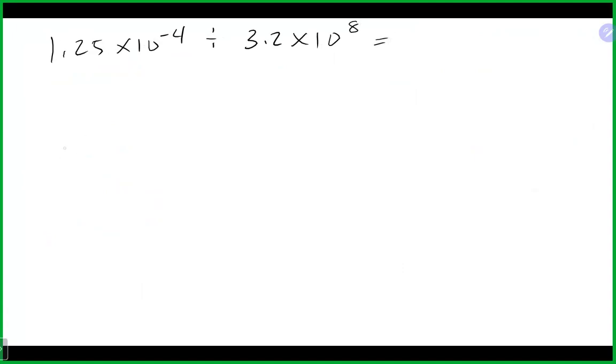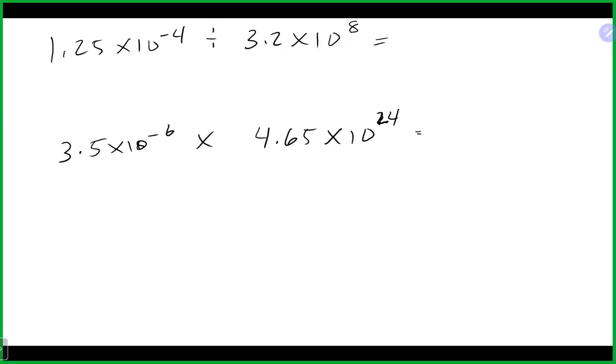And why don't you also do 3.5 times 10 to the -6 times 4.65 times 10 to the 24. Let's go big number. Make sure you see what you get there.